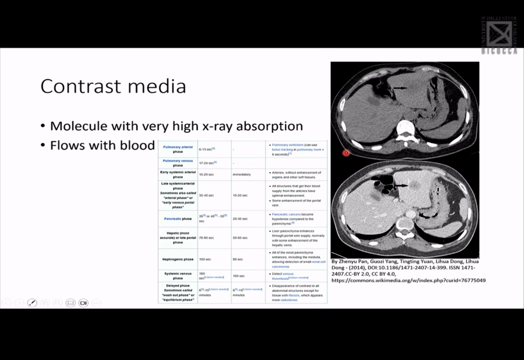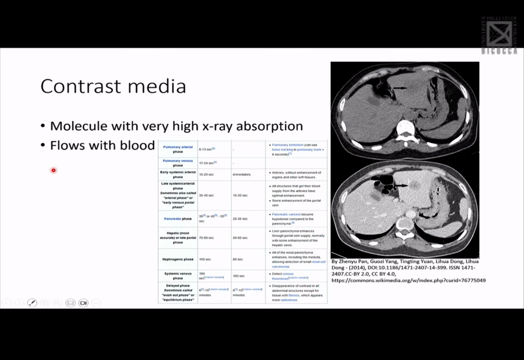You inject them, and in these molecules there is one atom which has a very high X-ray absorption probability. So you see where this molecule is going. You inject it in the blood during the scan itself, and you just take images and follow what's happening.